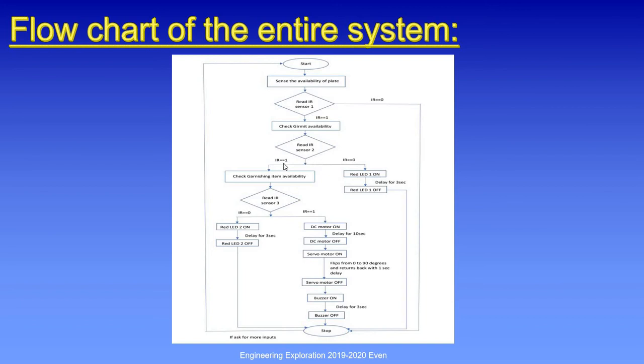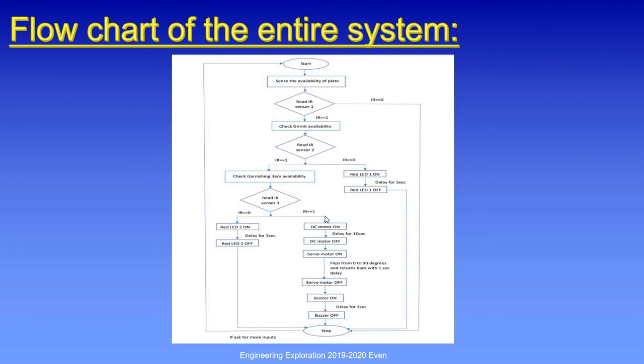If the girmit is available in the container, then IR sensor reads 1, moving to the next process, or else red LED glows. In the third process, the IR sensor 3 checks the availability of garnishing item. If the garnishing item is not available, then the red LED 2 glows.